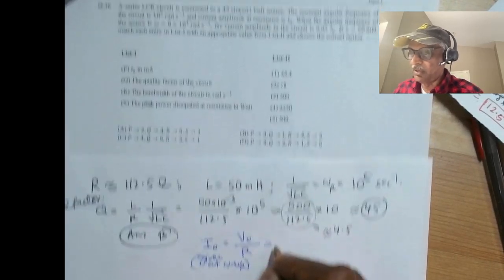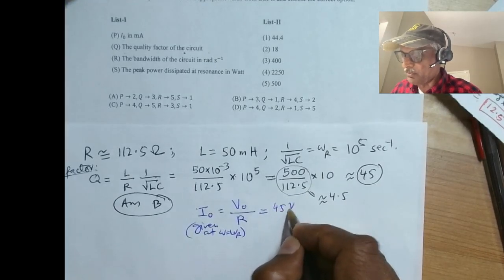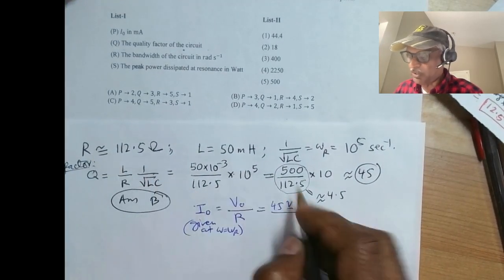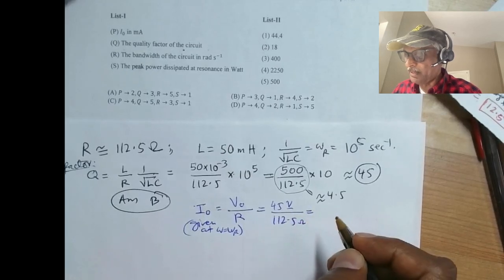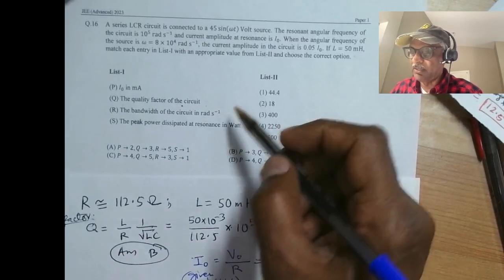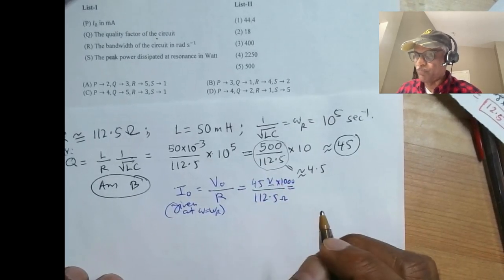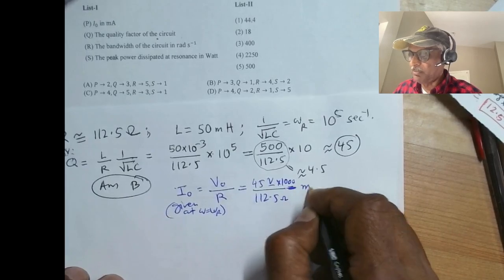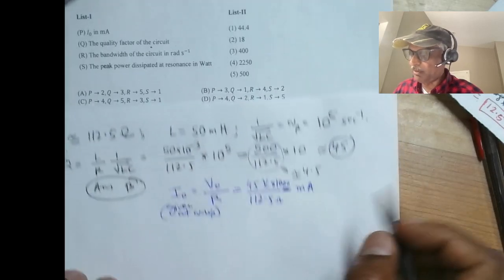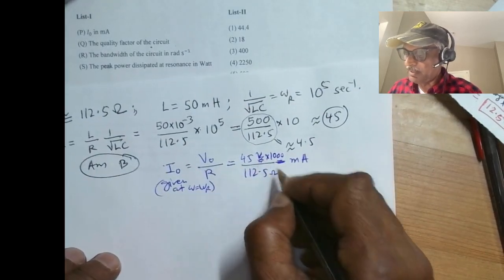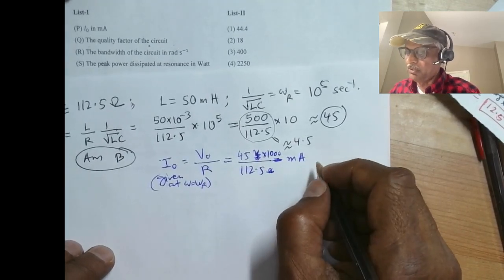And so V0 is given as 45 volt, and R, which is found out, 112.5 ohm, and its answer is in millihenry, so times 1000, that gives me milliamp. I'm sorry, I0 is supposed to be milliamp, so I was going to get amp, I'm going to make it milliamp.